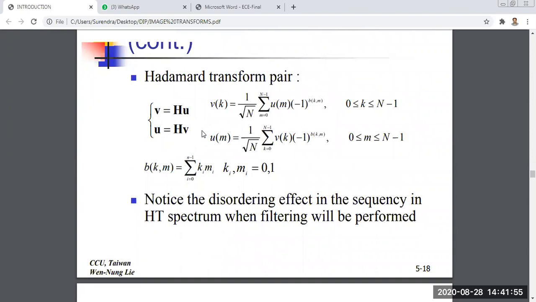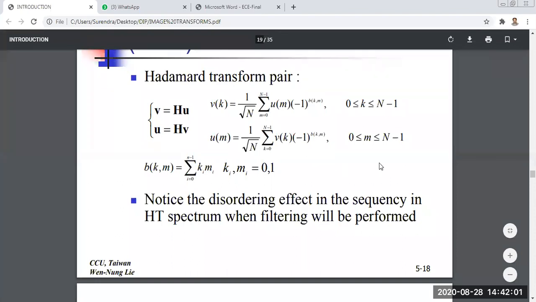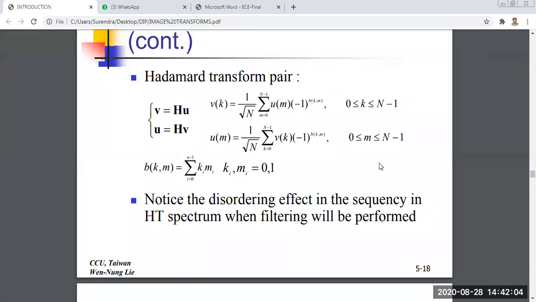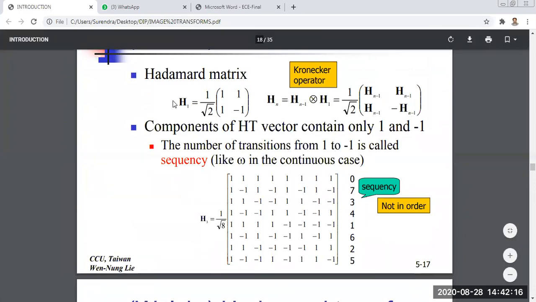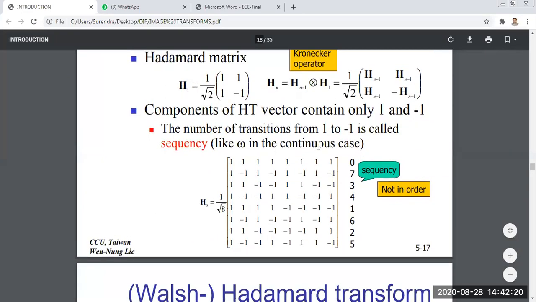Next, there is a Hadamard matrix pair. Just like the normal Fourier transform pair, here also there is a Hadamard matrix transform pair. So what is V of k here? Already I told you, if you know H, how we calculate H: based on your H1, H2 values, you will get the Hadamard matrix.